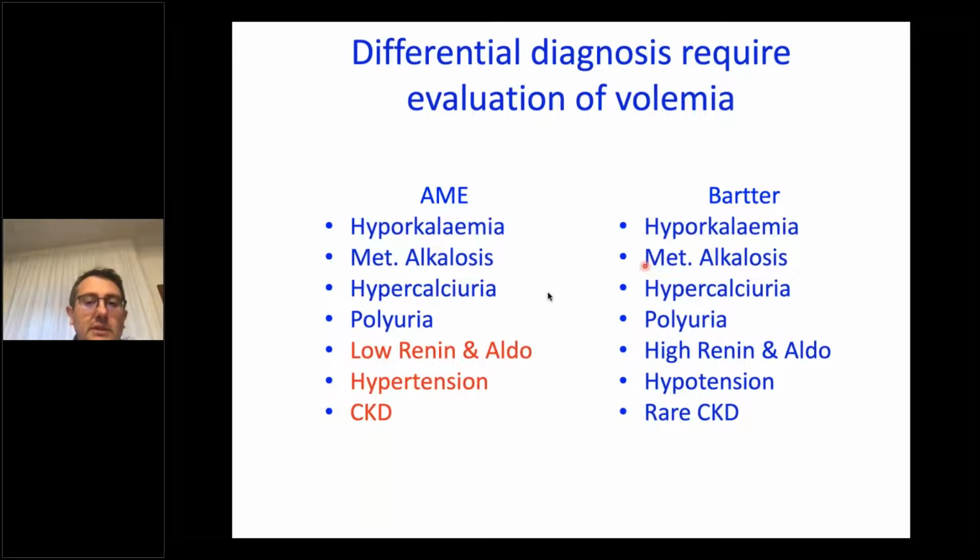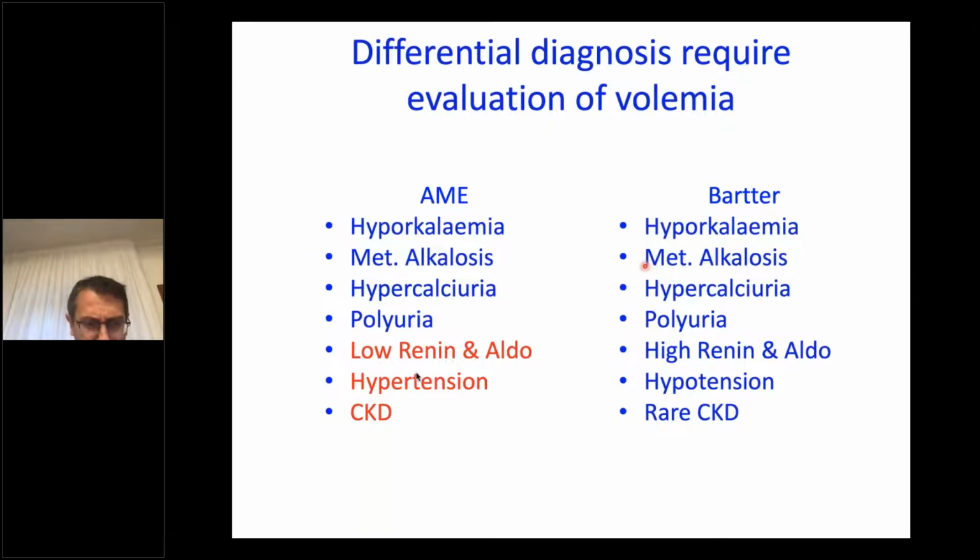So, to distinguish between apparent mineralocorticoid excess syndrome and Bartter syndrome, because they are only distinguishable by assessing the volume status, either by checking the renin and aldosterone level, that is very low when the volume status is increased, or by hypertension.